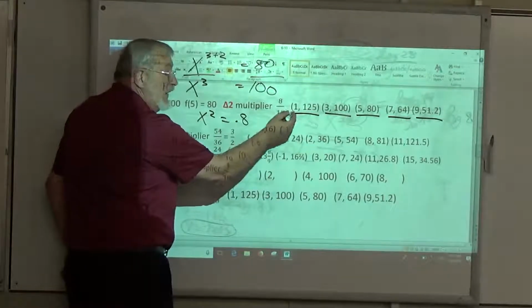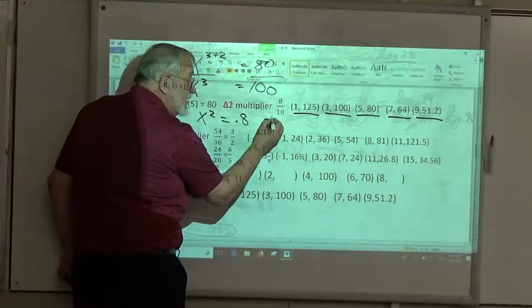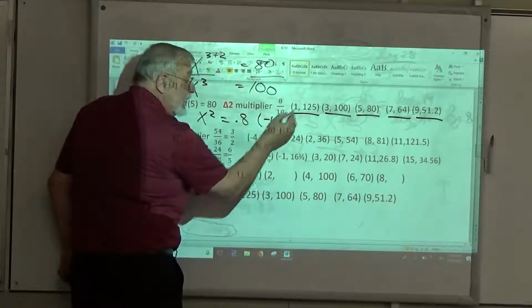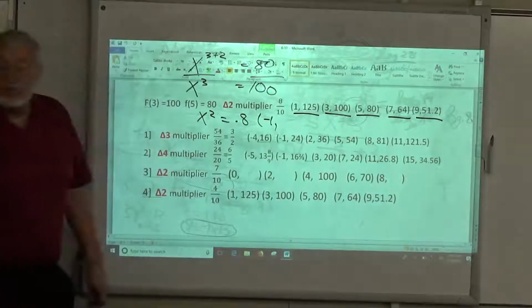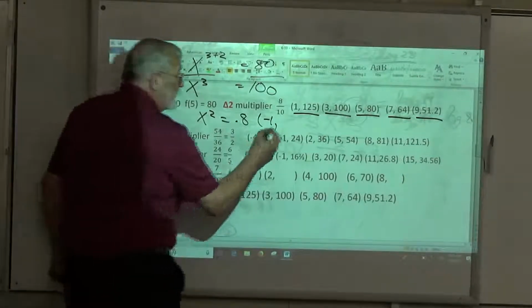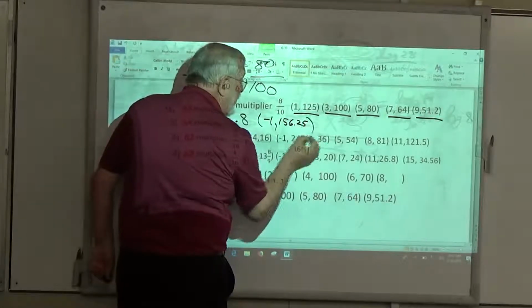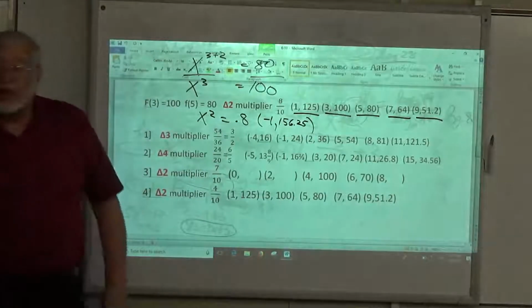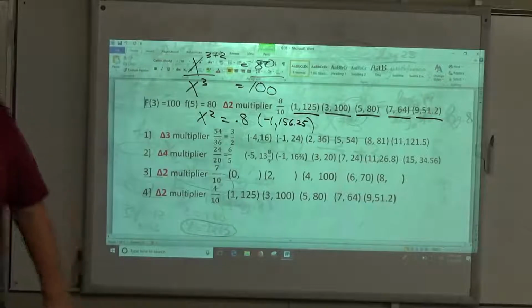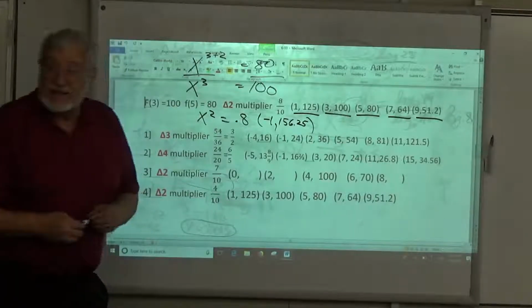Okay, so if I want to go one more down, I'm going to have to go 2 less than this, which would be -1, and then take 125 and divide it by 0.8. 156.25. Now, all of those things could be plotted and you would have the graph of that exponential function. That's the first thing that chapter 13 is telling you about.